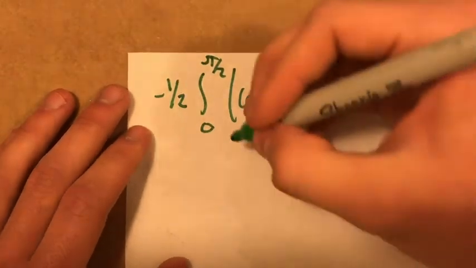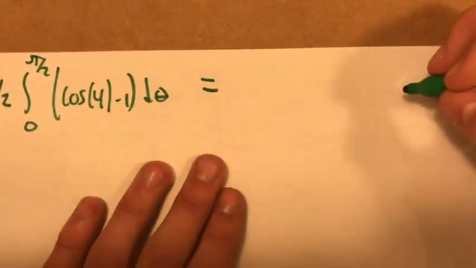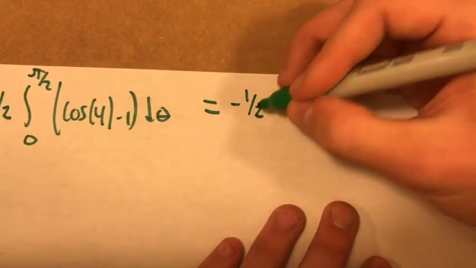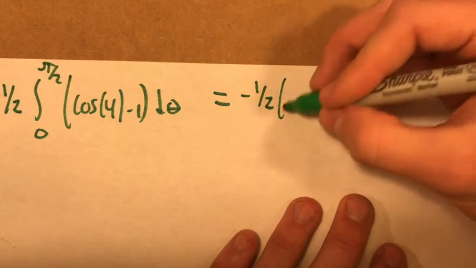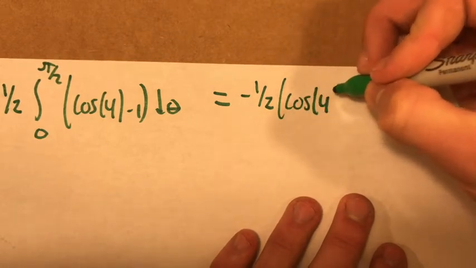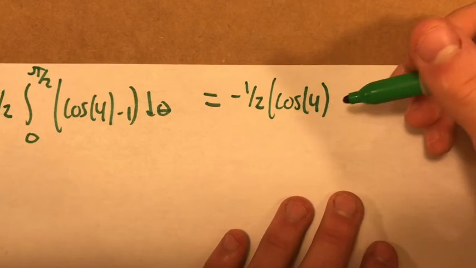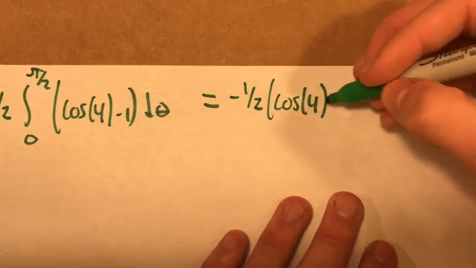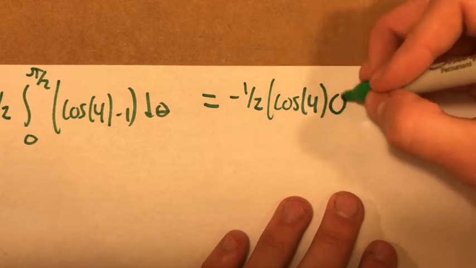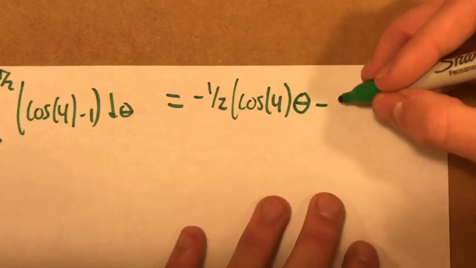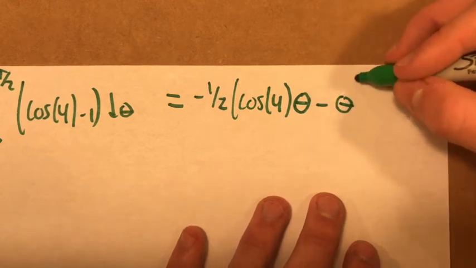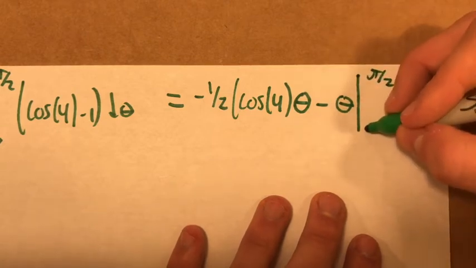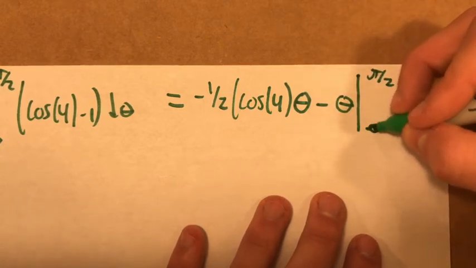So this is equal to negative 1/2 cosine 4, and when we integrate with respect to theta, this is just a constant, so we're just going to put theta here, and then minus theta. We're going to evaluate that from theta equals 0 to theta equals pi over 2.